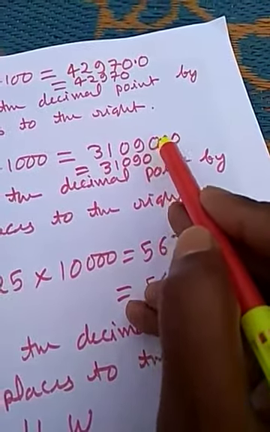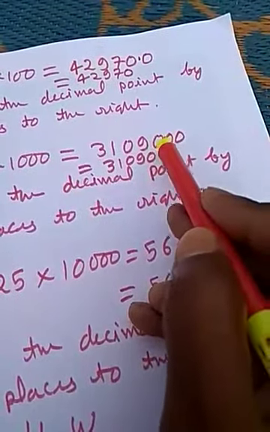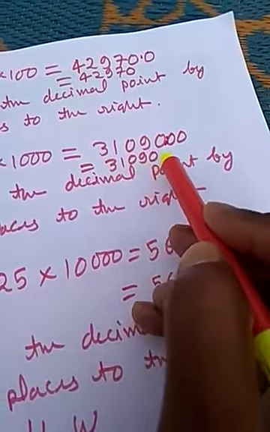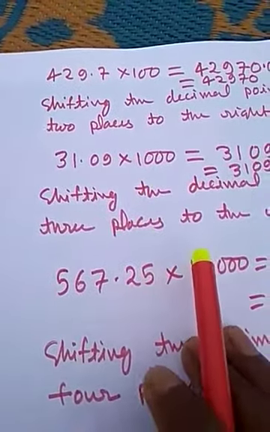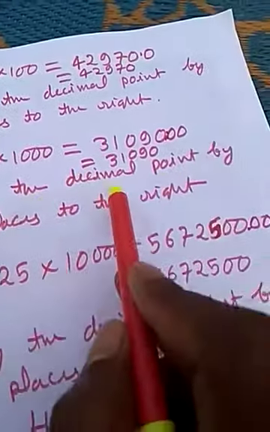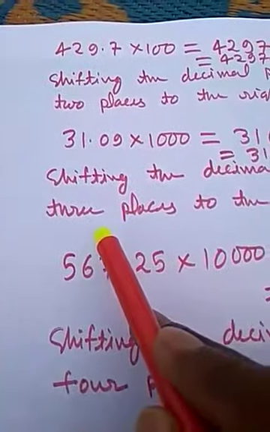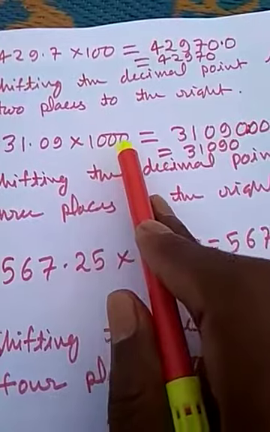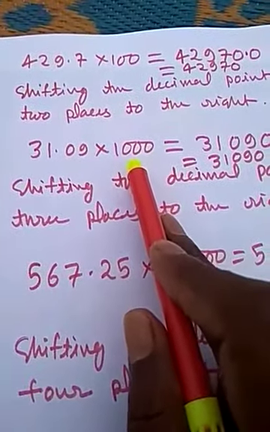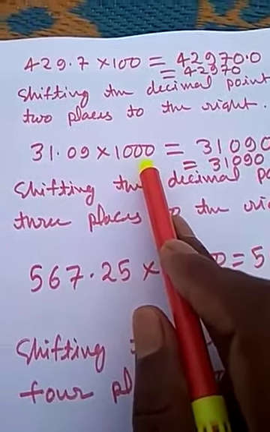So here we shall write 31090. Now we can also say that we shift the decimal point by 3 places to the right when we have to multiply by 1000.